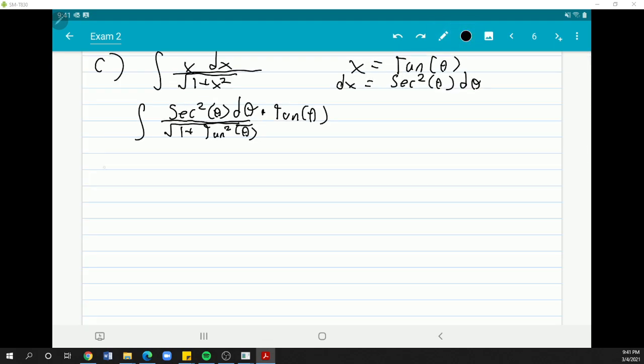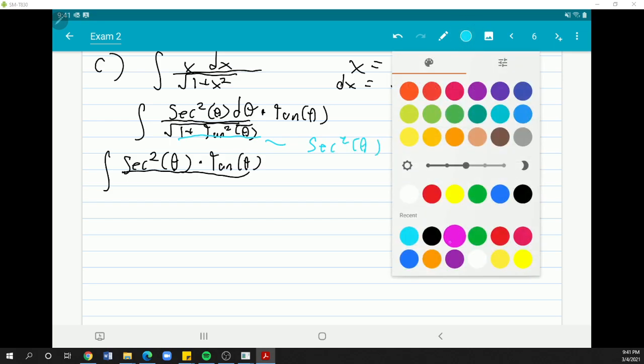So what happens here? We're left with secant squared of theta times tan of theta over the square root of 1 plus tangent squared theta. But again, the whole reason we do this, 1 plus tangent squared theta is secant squared of theta.